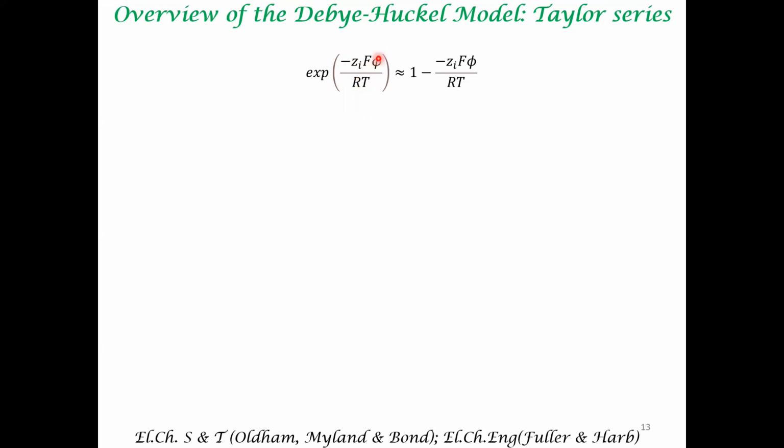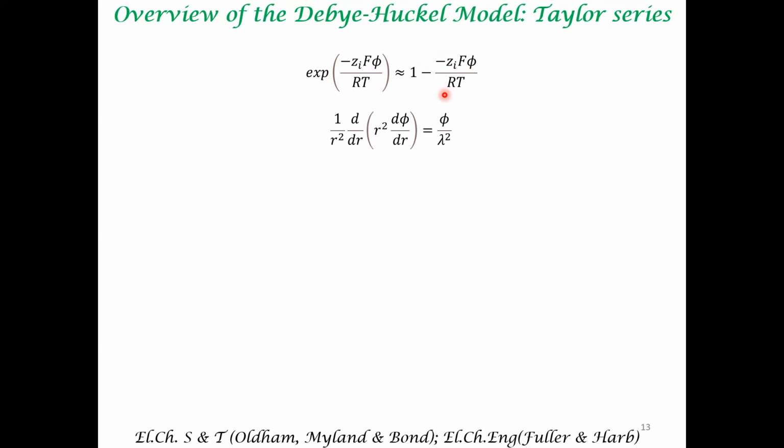Whenever this is small compared to this, I can use a Taylor series expansion to represent the exponential. I can represent this using just two terms, linearizing the exponential. This is the only way I can solve the problem analytically. Remember, this was done in 1923.